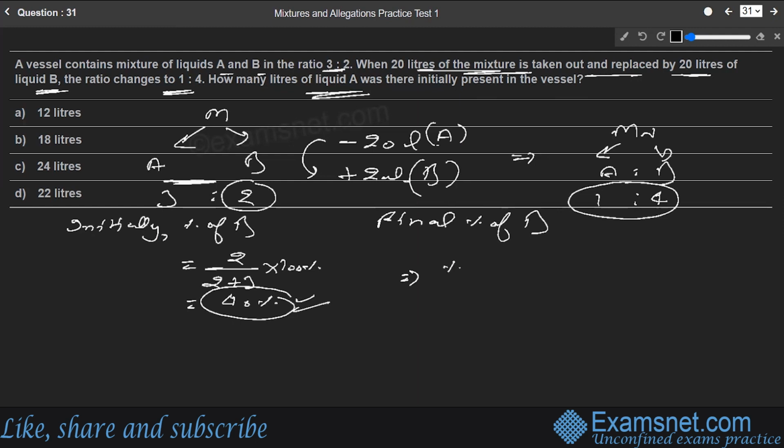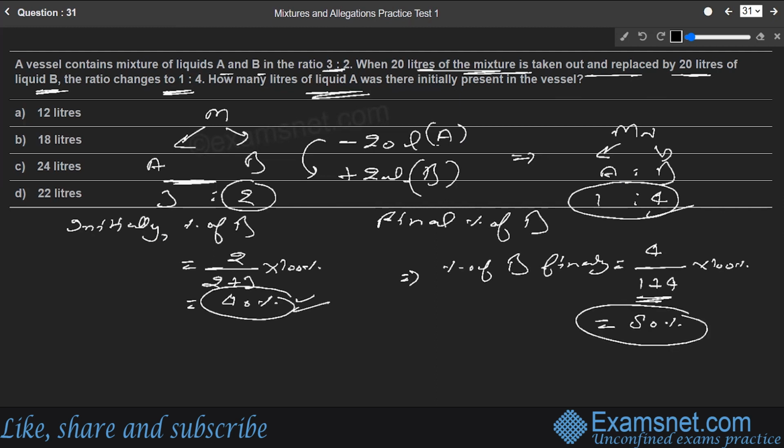So we can write the percentage of liquid B finally present in the vessel will be: the B part in the new mixture is 4 parts, divided by the total mixture, A part plus B part, 1 plus 4, into 100%. That is nothing but 80%. So this will be the final percentage of liquid B in the new mixture, 80%.